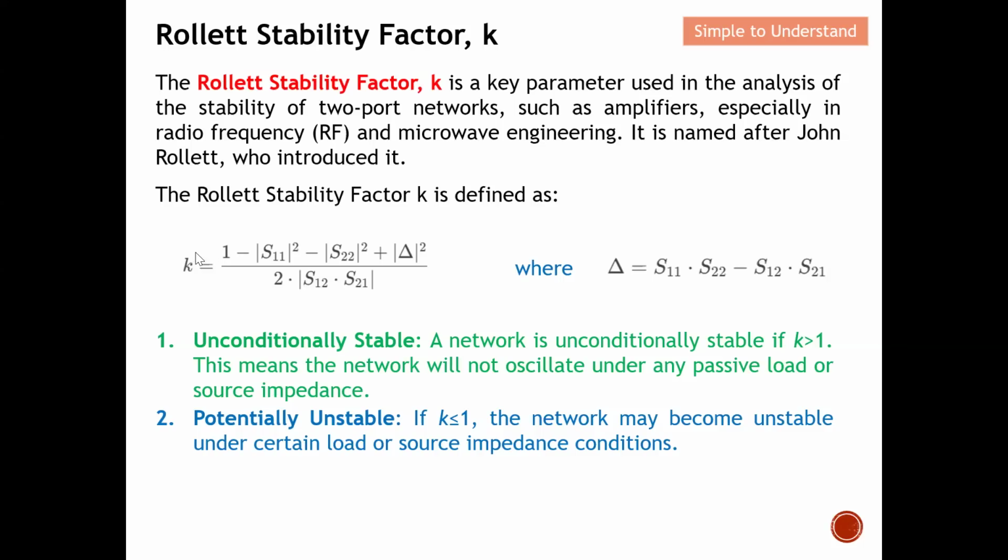The K value has two ranges. One is K more than 1. The other range is K less than or equal to 1. So it is classified into two different classes.